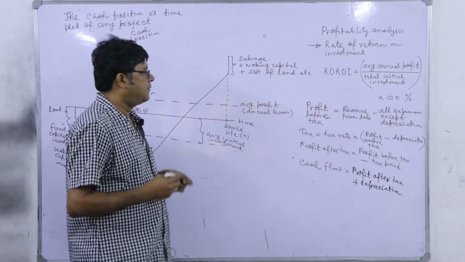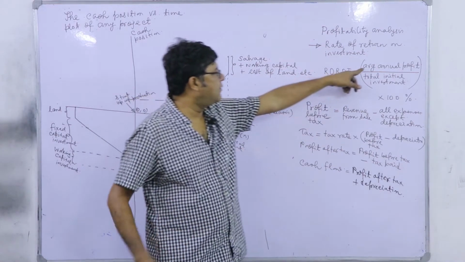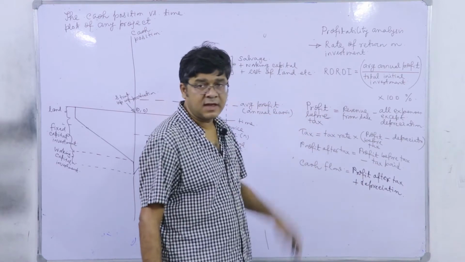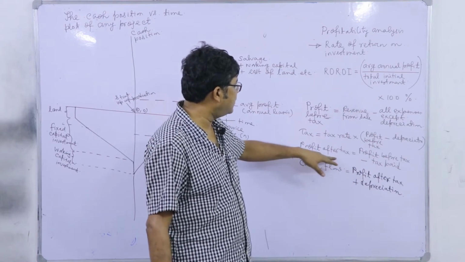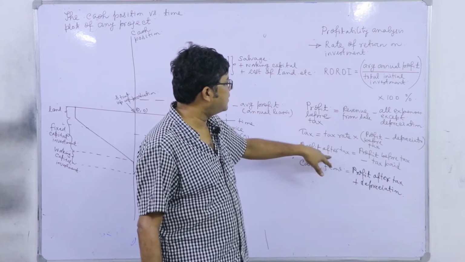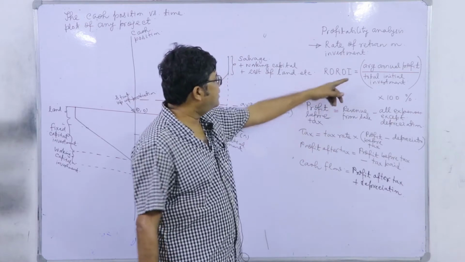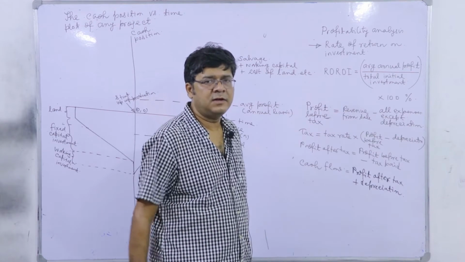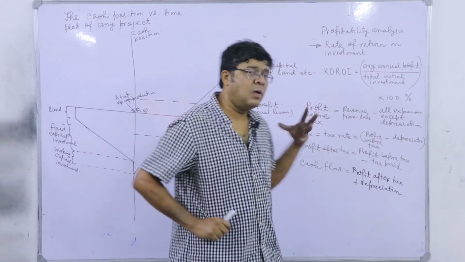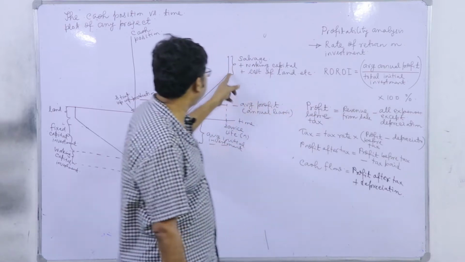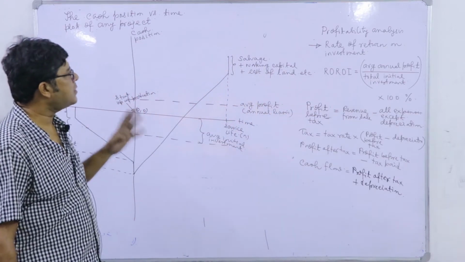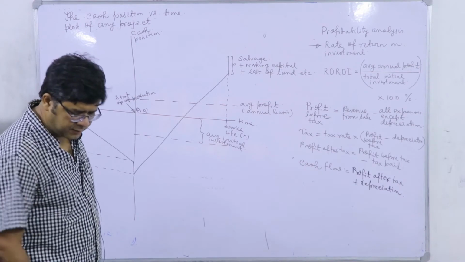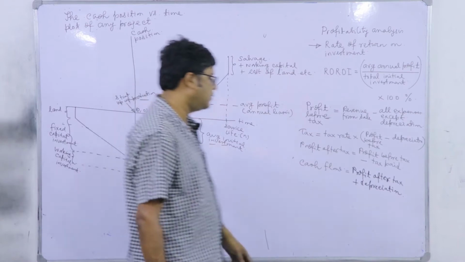So, this is the way of calculating the profit. Now, here the average annual profit may be the profit before tax, or the profit after tax, or the cash flow. Generally, we don't consider the cash flow. It may be either the profit before tax or the profit after tax. And the total initial investment may be the fixed capital investment plus working capital investment, or alternatively only the fixed capital investment, because working capital we are getting back. So that's the idea of rate of return on investment. The next profitability analysis is discounted cash flow.